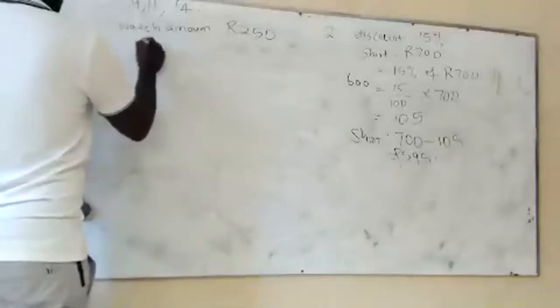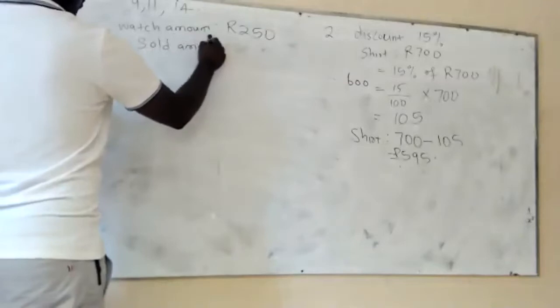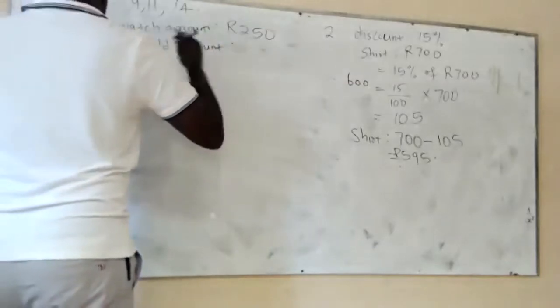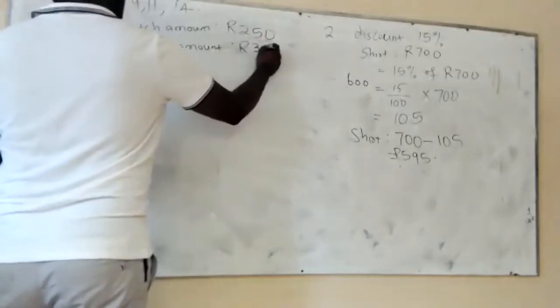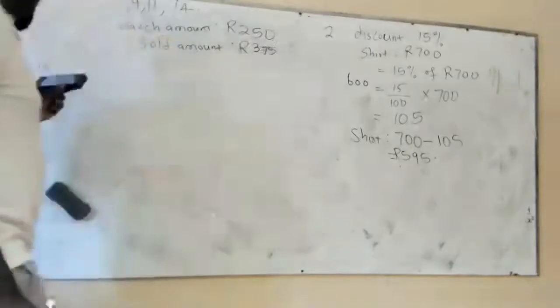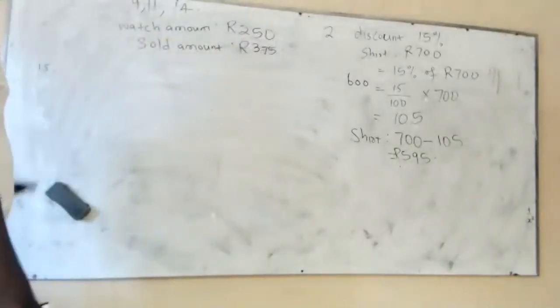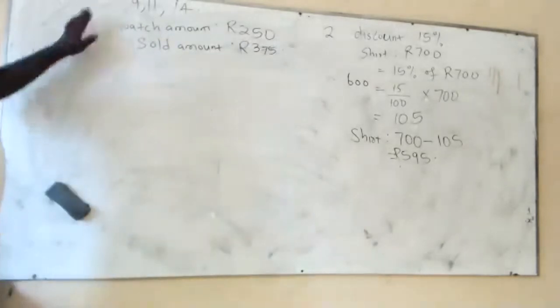And then the sold amount. So this person bought a watch for 250 and then he sold that watch for 375. So the question requires us to calculate what was the profit made on the sale.